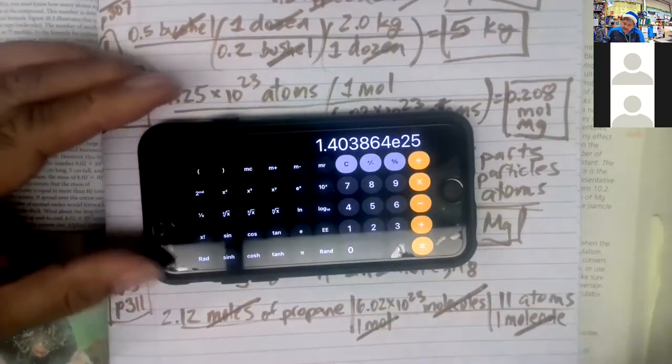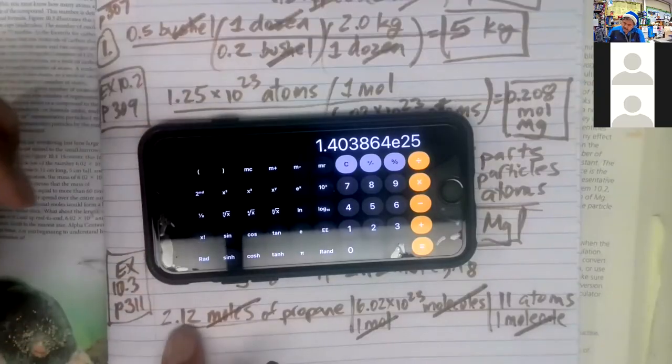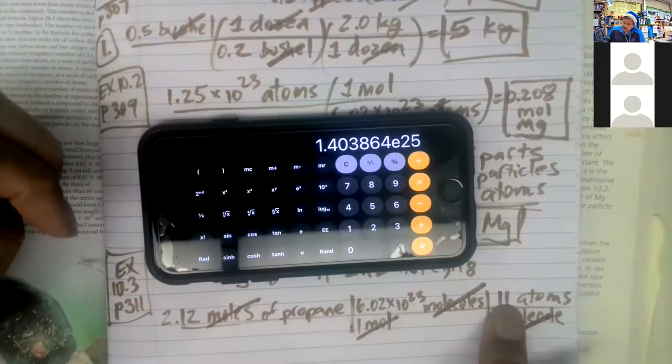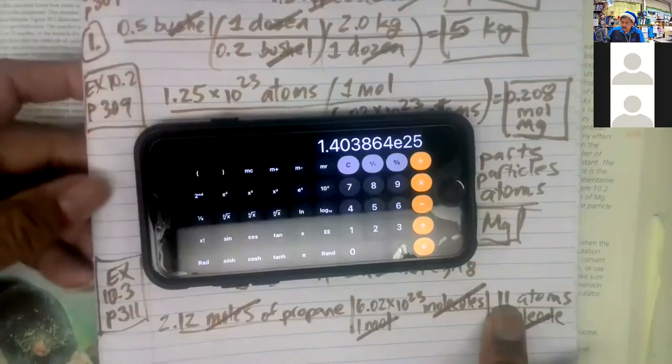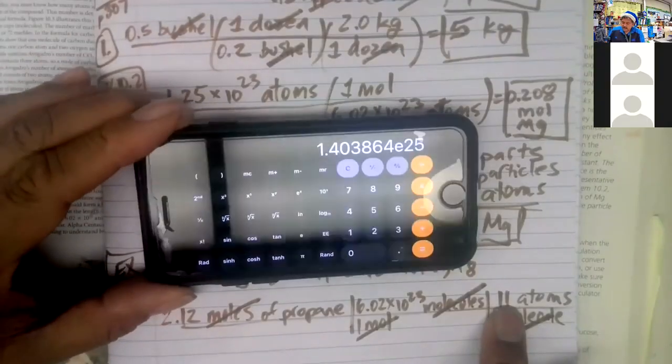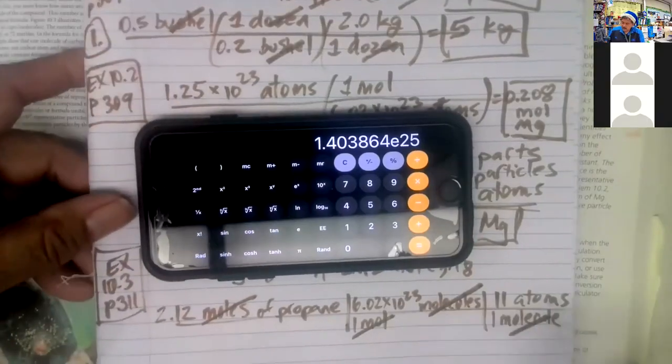And so there's my answer. My answer is, and I have 3, 3, 2. So I've got 2 significant figures. Let's see.